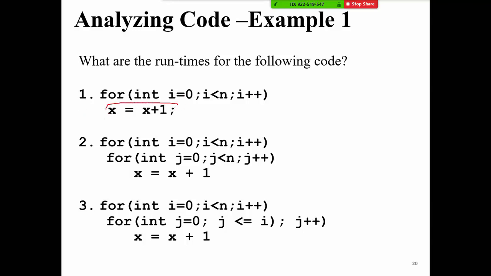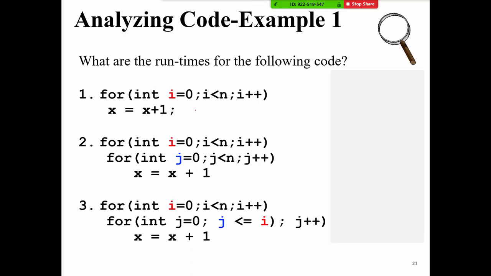So how many elementary instructions are there here? We're going to increment, read from memory, and assign. So you can find the time complexity for this algorithm. This will be some constant multiplied by n.